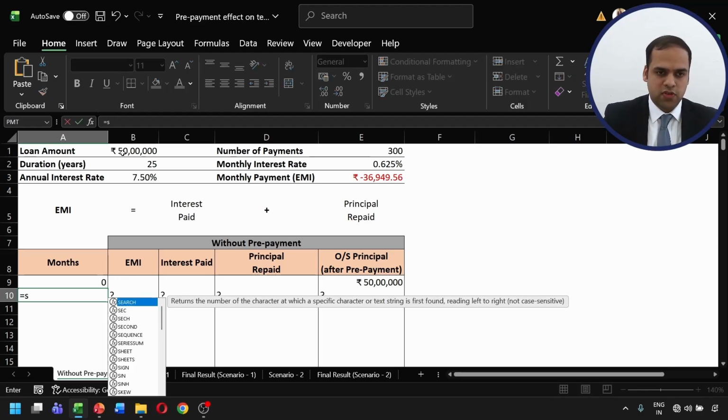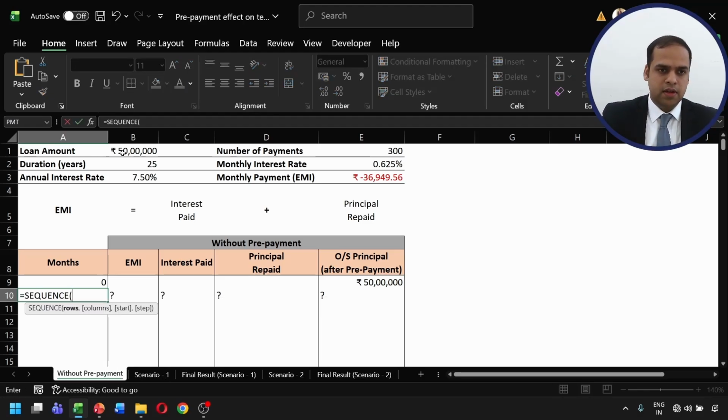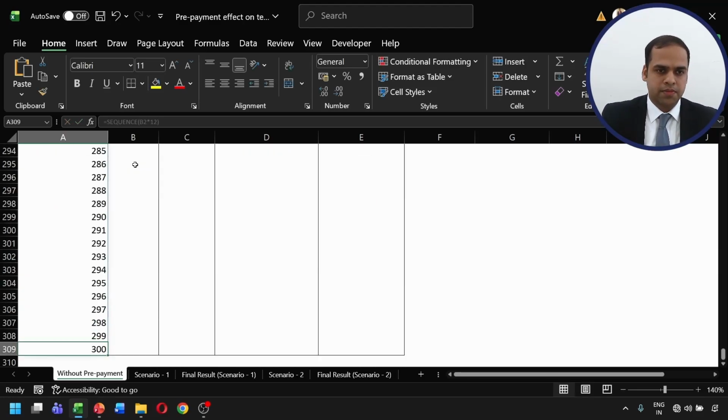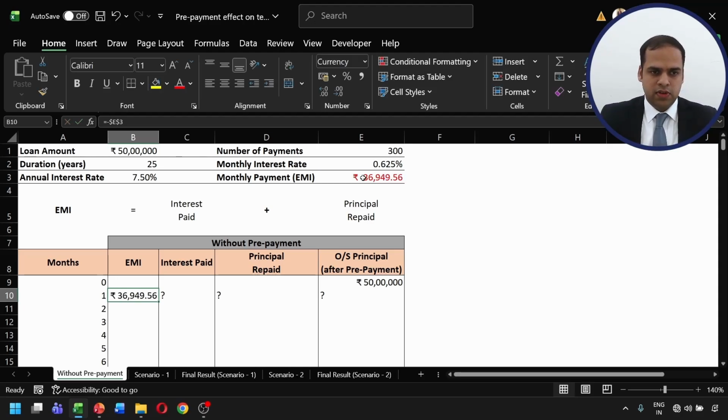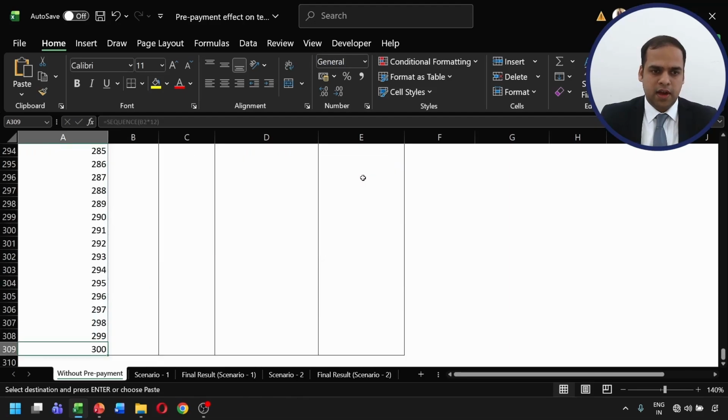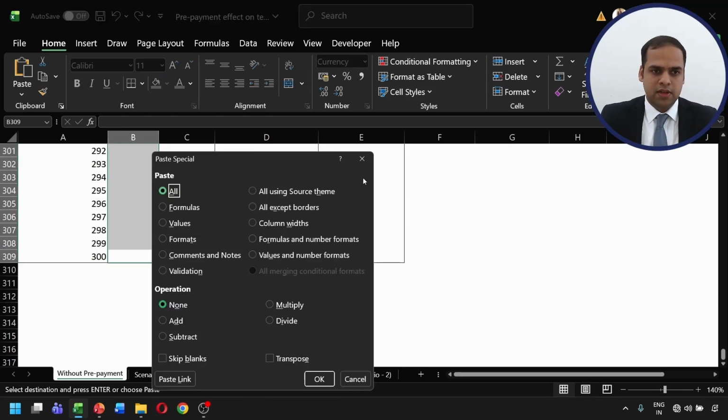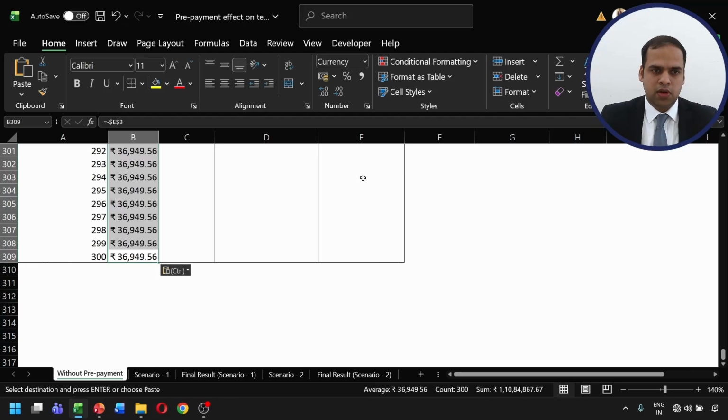So we use the sequence formula here, and the number of years are 25 years and 12 months in a year, so 300. So now we are going to link the EMI cell with this and insert a prefix minus sign in front of it because we already have calculated the EMI, and we freeze this cell, so we get 36,950 here, and we just drag the formula till the 300th month.